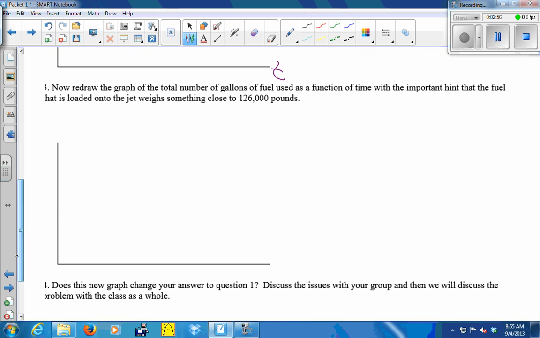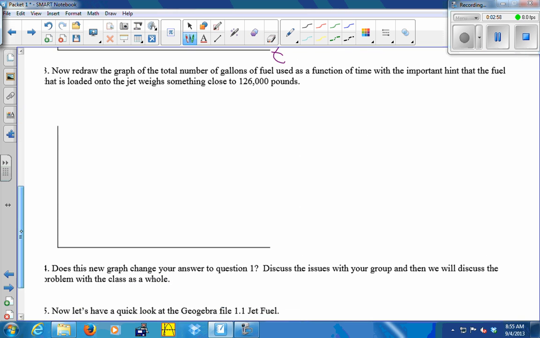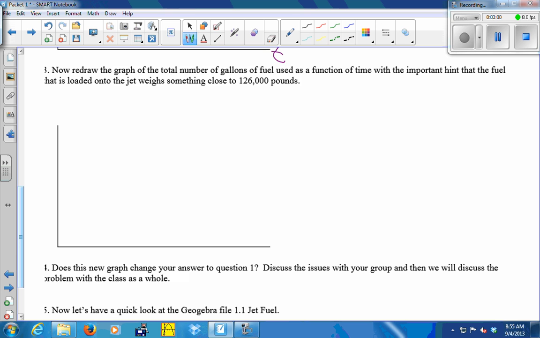So now I want to redraw this graph with the total number of gallons of fuel used as a function of time, with an important hint that fuel, when they load it up on the jet, weighs something close to 126,000 pounds.